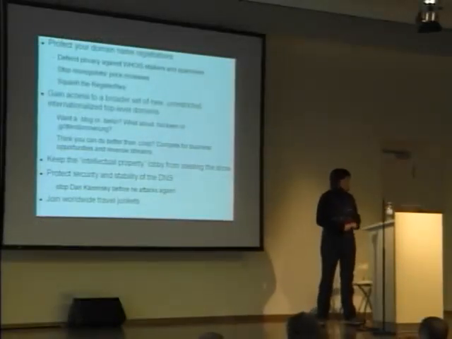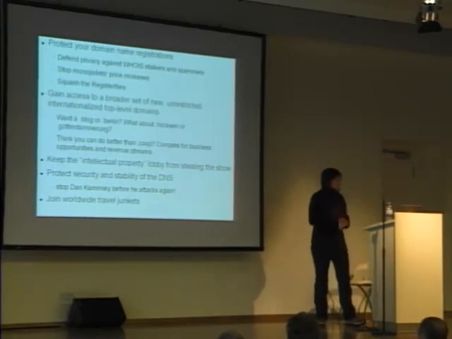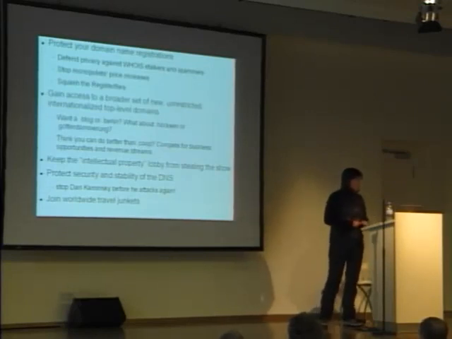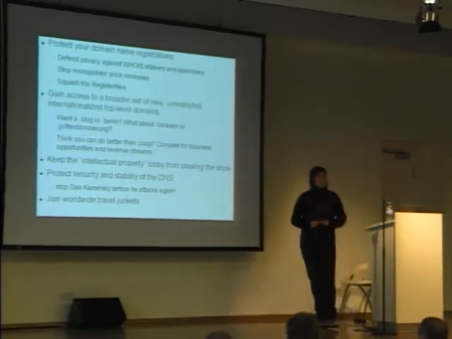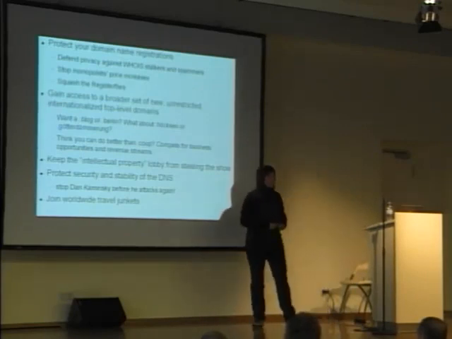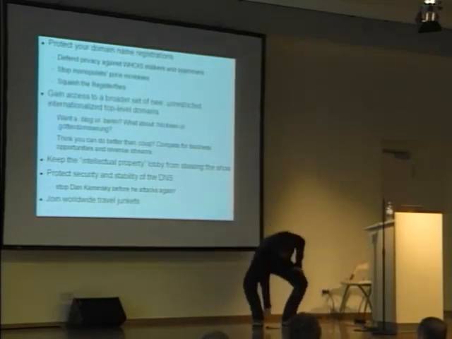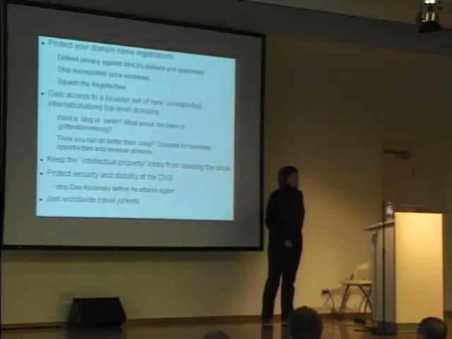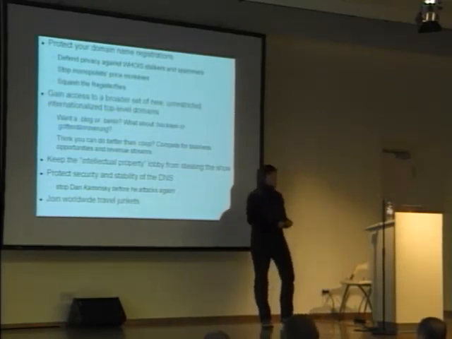So, Wendy already mentioned the whole intellectual property lobby. It is far too strong. And we do have to take care of the domain name system, actually a core issue of Icann, stability.